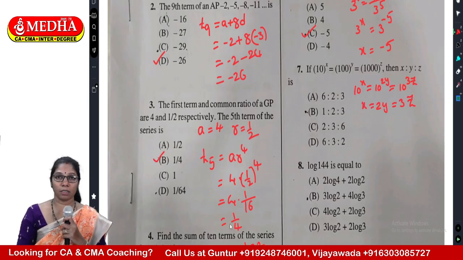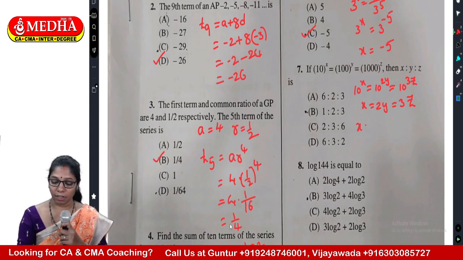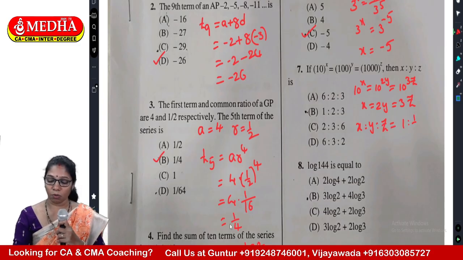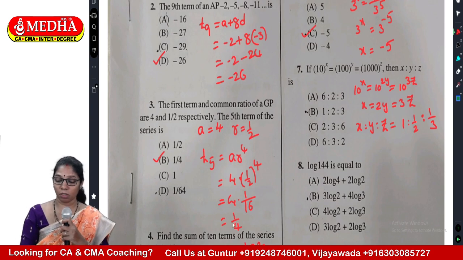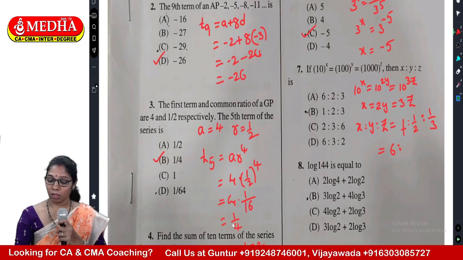It is given that x equals twice y equals thrice z. What is x is to y is to z? So finally x is to y is to z is equal to 1 is to 1 by 2 is to 1 by 3. The LCM of 2 and 3 is 6, so we are making all the denominators equal. With LCM 6, that is 6 is to 3 is to 2. 6 is to 3 is to 2, option D.